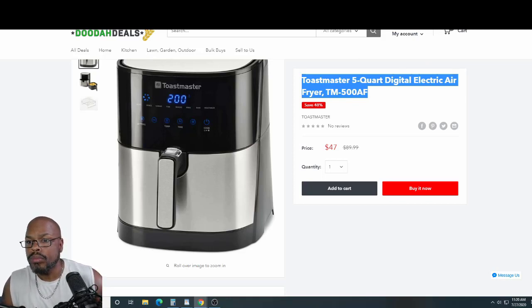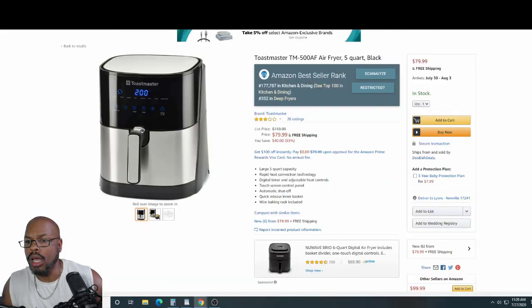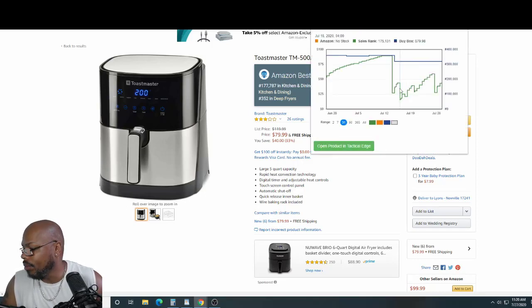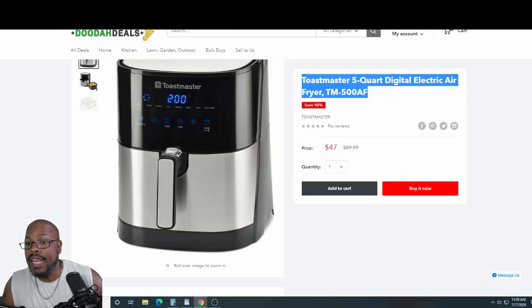Now, you're going to see me look a little bit deeper because I am using other extensions that will help me. But the main thing is this: once you find that deal, you're going to make sure that you're able to sell it, you're going to make sure it's a match, you're going to go through the entire process.